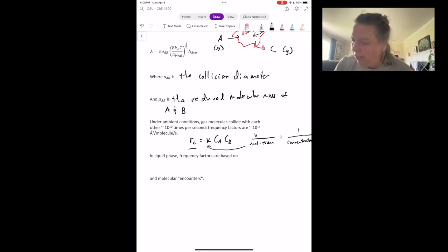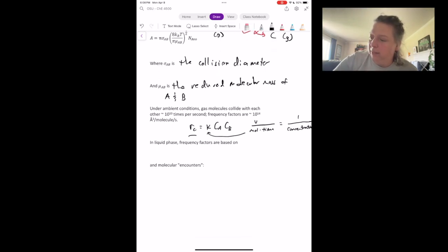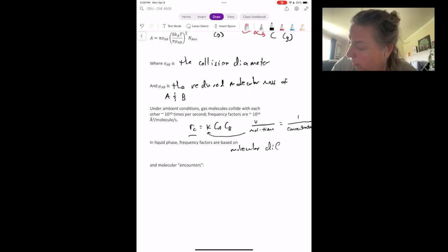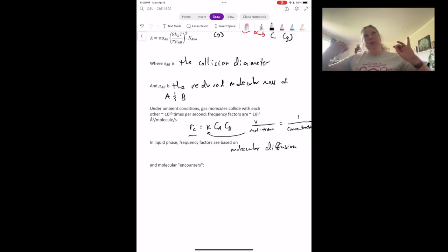We could do the same thing for liquid phase. It's a little bit different, and actually the development is more complicated. Frequency factors in liquid phase are based on molecular diffusion. In the liquid phase, you don't really have molecules whizzing around colliding into each other. In a liquid phase, molecules are very aware that there's other molecules around. There's lots of them.